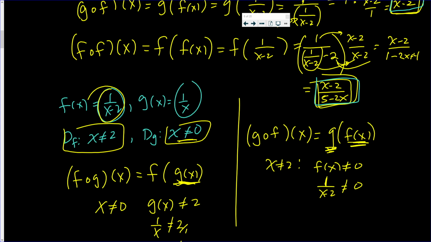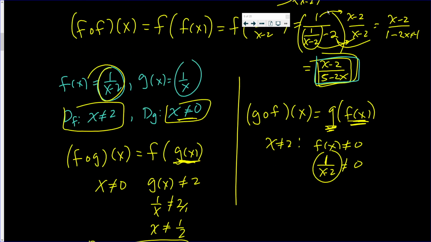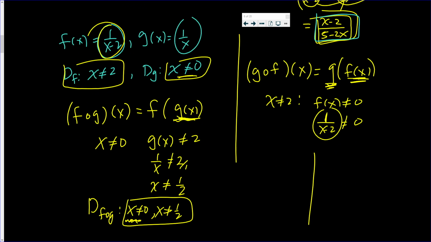I mean, if you were to graph that function, it looks like this, where that's 2. It's never 0. It is never ever equal to 0. So you will not ever be taking g of 0.